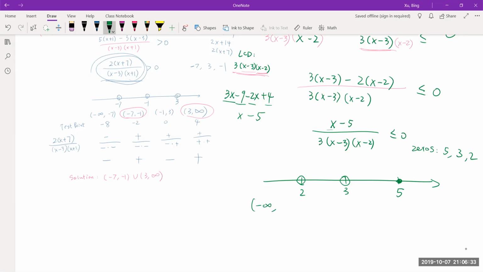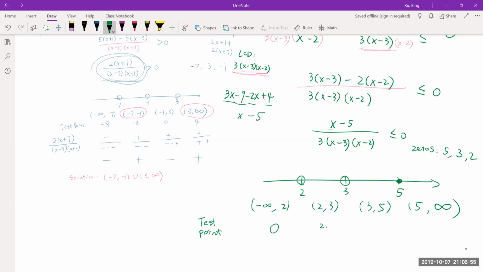Okay, now intervals: negative infinity to 2, 2 to 3, 3 to 5, and 5 to infinity. All right, now test points. From the first interval, I'll pick 0.